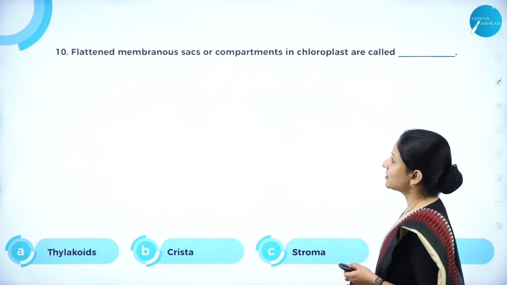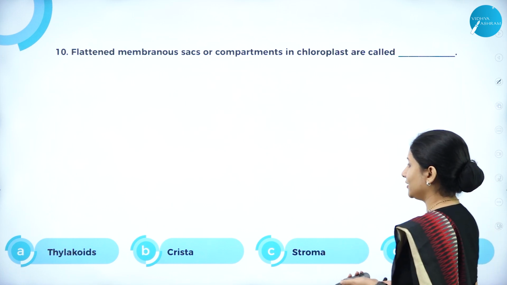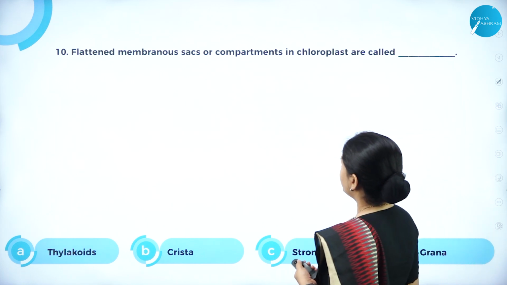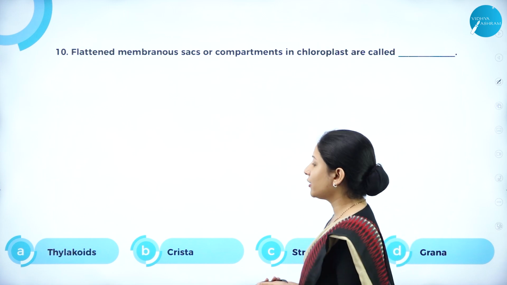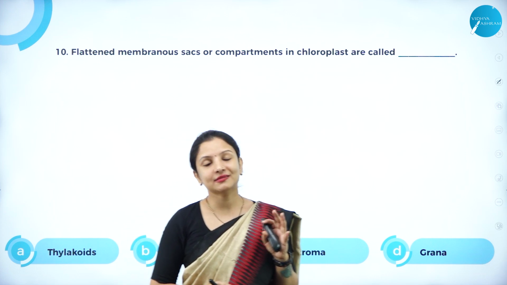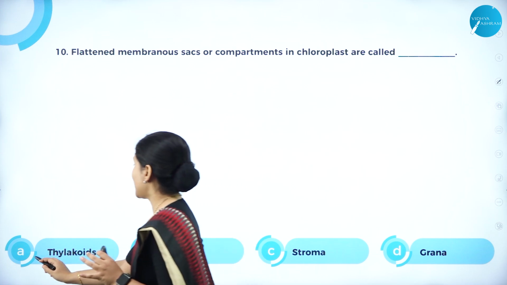Next question. Flattened membranous sacs or compartments in chloroplast are called thylakoids, cristae, stroma, grana. Now you might get confused between thylakoid and grana. Grana are stacks of thylakoid, but here you have to choose thylakoid.